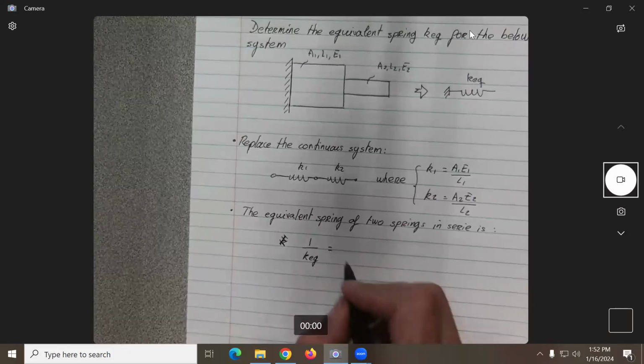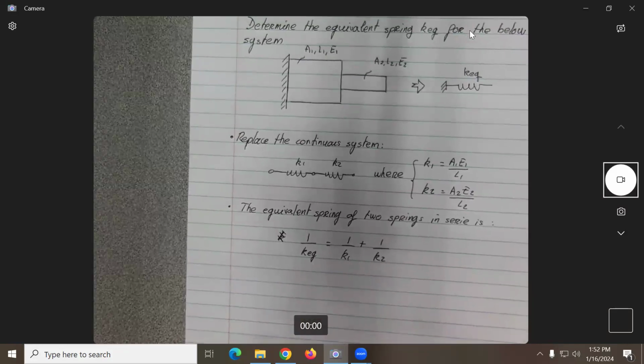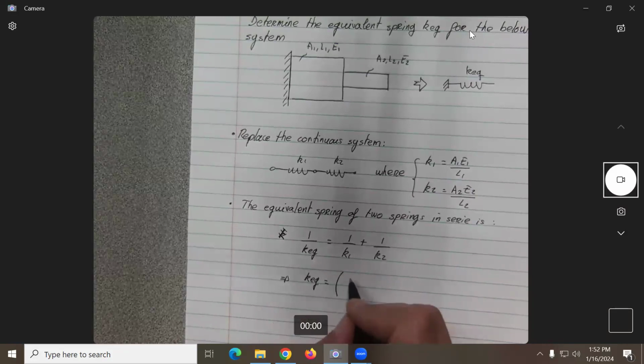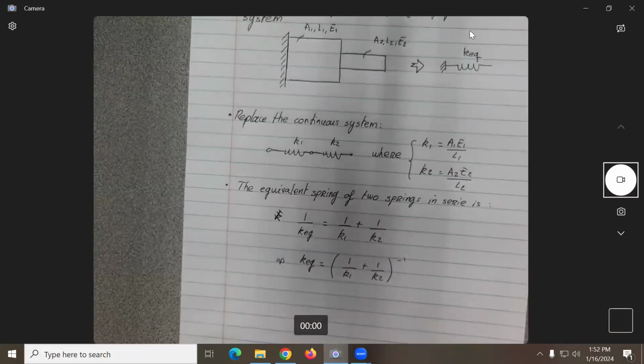Should be equal to what? 1 over K1 plus 1 over K2. Or we can say that K equivalent will be equal to the inverse of 1 over K1 plus 1 over K2, where, okay, I'll let you do the algebra, K1 is equal to what?